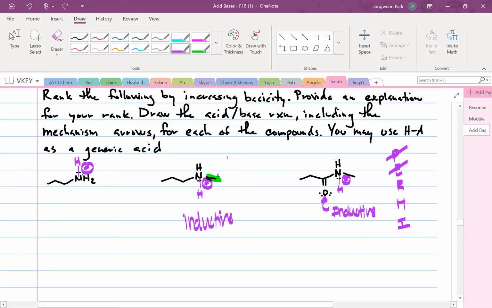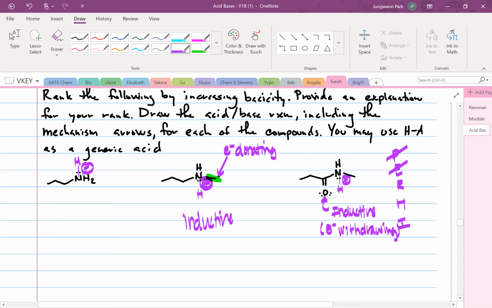This one is electron withdrawing because it's pulling electrons, because oxygen is very electronegative. But what about this carbon right here? It's electron donating, right? So do you see how, because this is electron donating and the nitrogen is positive, they kind of balance each other out?